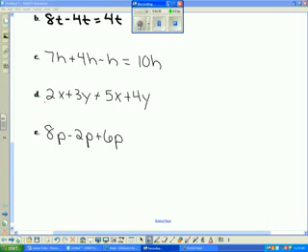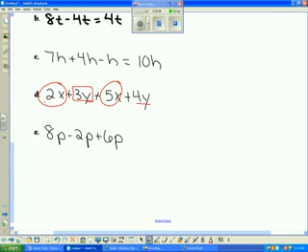Okay, so when I start getting into more than one variable, what I like to do is group them. I know I've got x's here and I've got y's here. So when we get into big long ones, this will be easier for you guys to see. Okay? So now I have to combine the ones that go together. 2x and 5x? 7x. Good. And 3y and 4y? 7y.